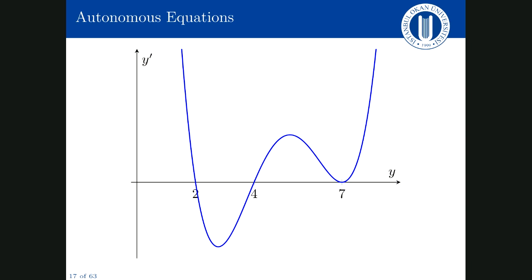First, between 0 and 2, the function is positive, so our green arrow should point to the right. Between 2 and 4, the function is negative, the green arrow should point to the left. Between 4 and 7, the function is positive, the green arrow should point to the right. And if y is greater than 7, again, the function is positive, the green arrow should point to the right.